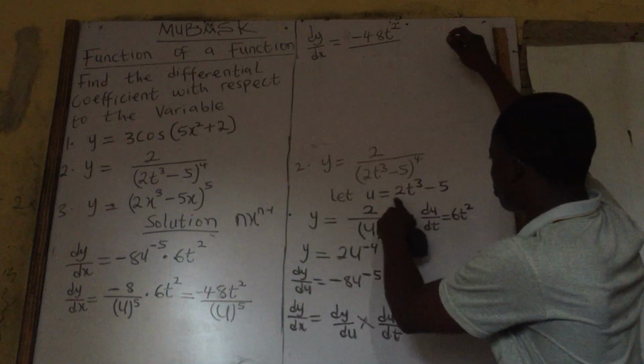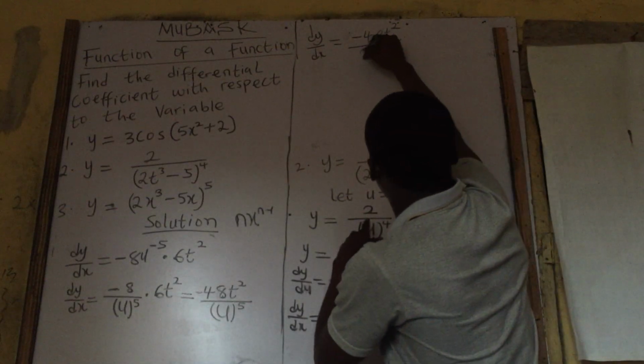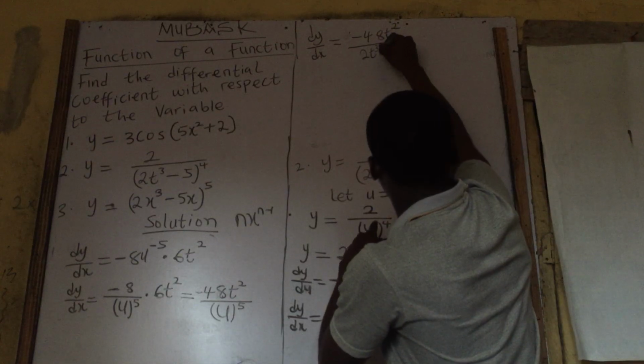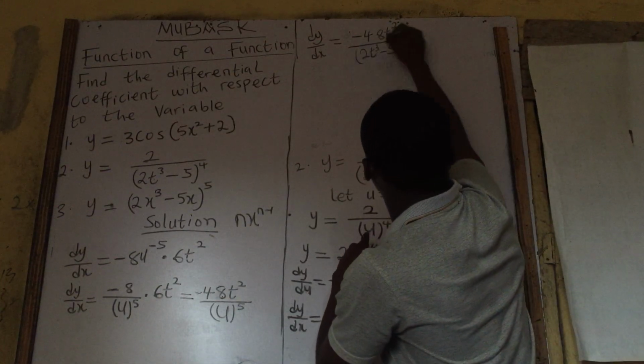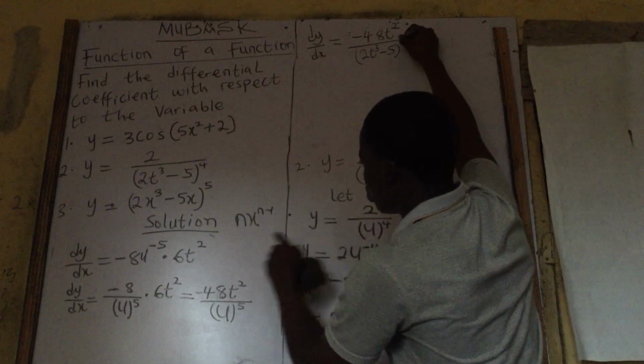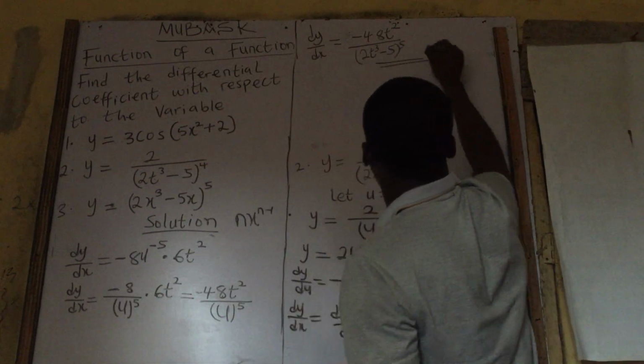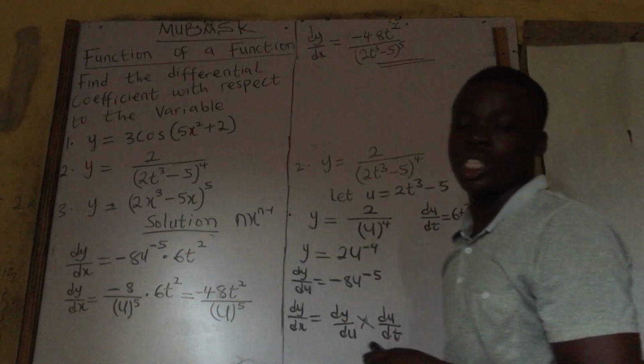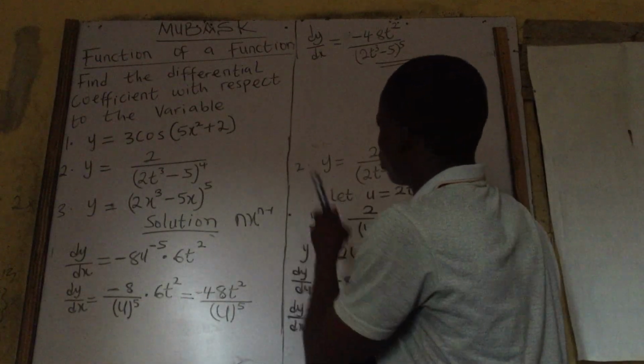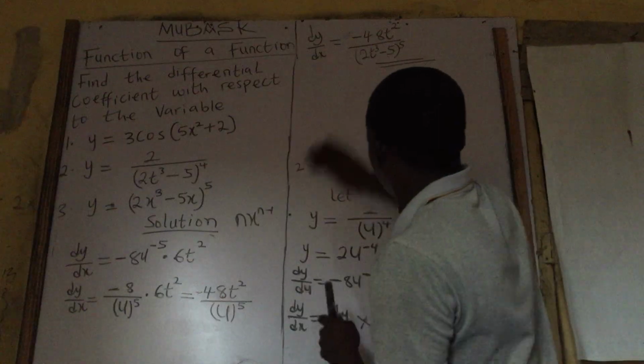We let our u be equal to what? 2t cubed minus 5, all in bracket raised to power 5. This is the final answer for question 2. Now let us move to question 3.